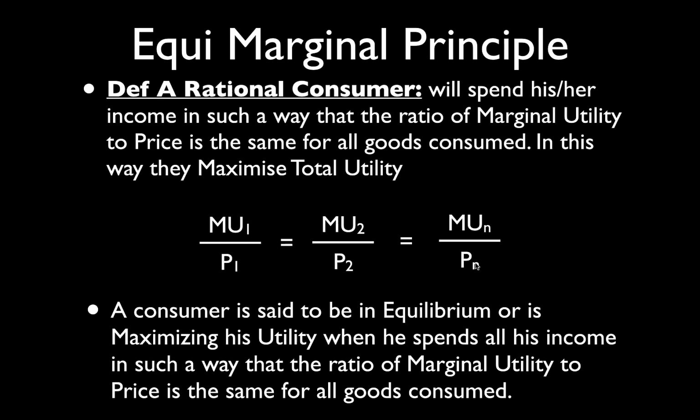So therefore, you're going to have to drop this in order for me to consume more. And hence, if you want quantity demanded to rise, you have to drop the price. All right. Now, I hope this makes sense. Until all their income is spent. Don't forget that. And they will spend their money in this way.